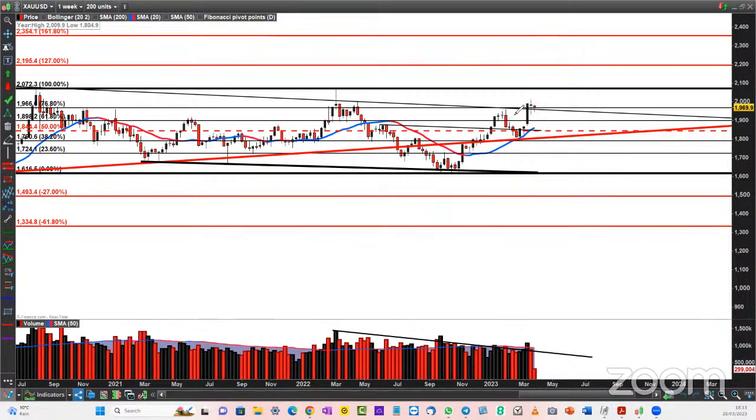If we dip a little bit harder, maybe, sometimes these consolidation periods need a deeper dip. 1900 will be the obvious place to get in, but 1970 at the moment. But I'm still buying these support levels, even these short levels here. I'll show you some trades I've done earlier on today.